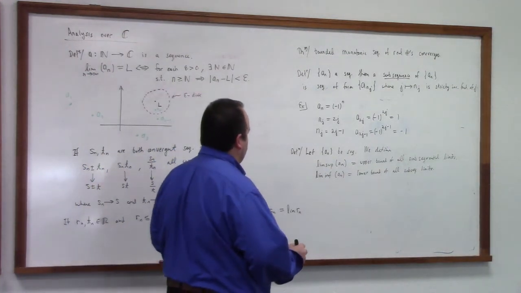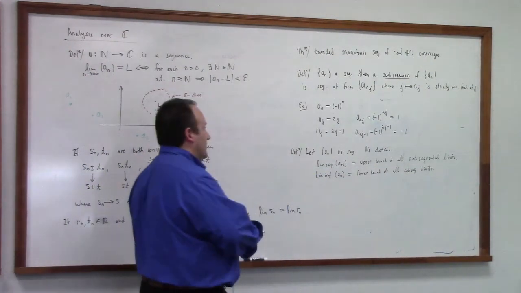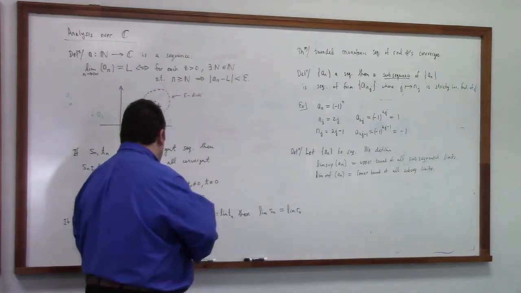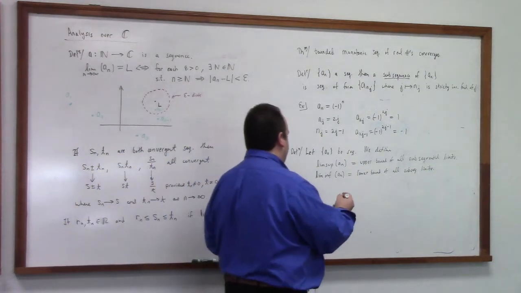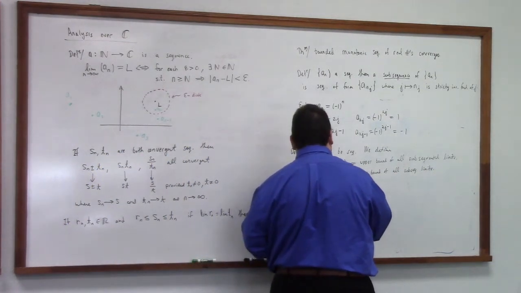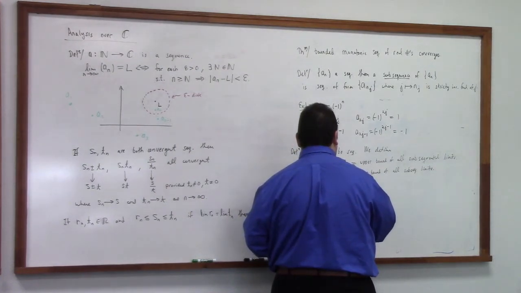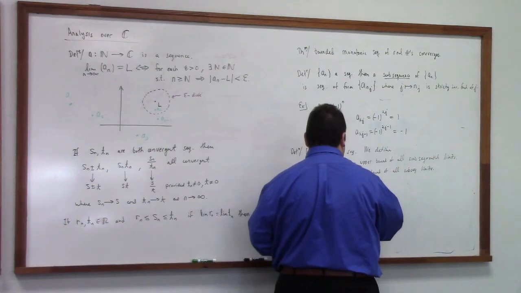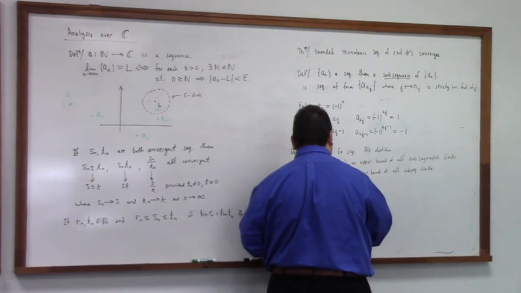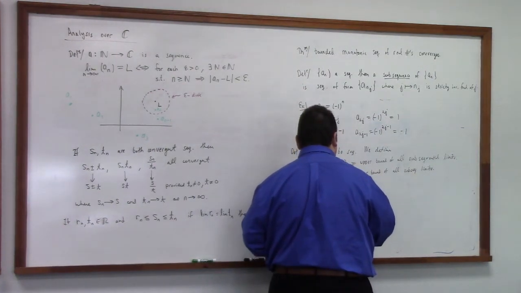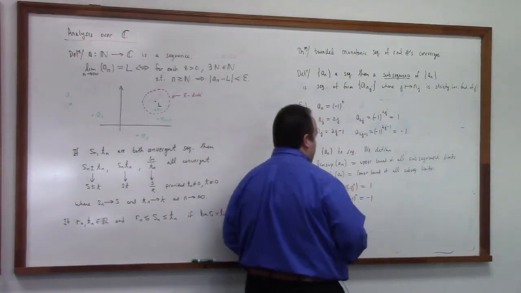So like in my previous example, the lim sup is what? It's just 1. The lim inf is minus 1.